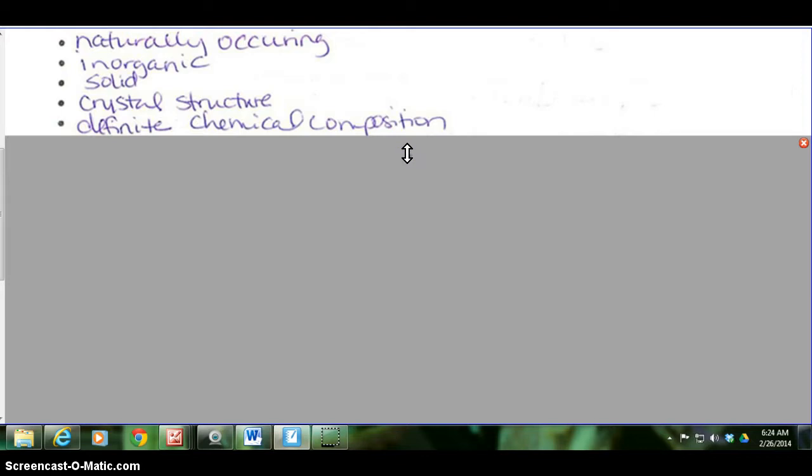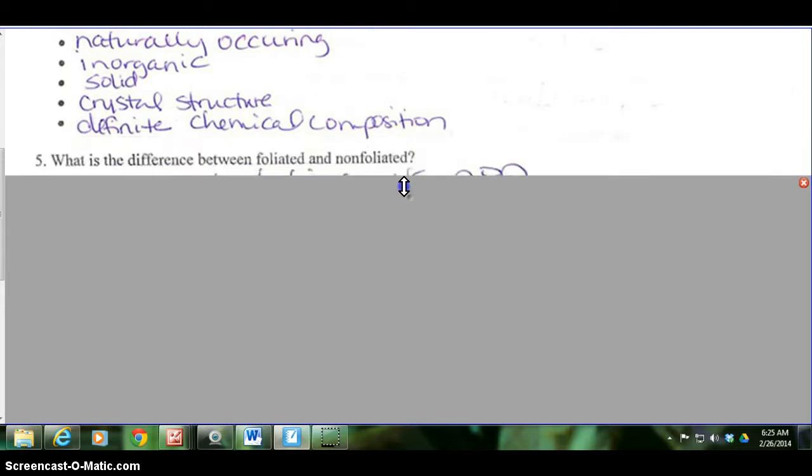And remember, again, those were the 5 things that a mineral must have in order to be classified as a mineral. Don't be confused with the properties that we use to identify what mineral we're looking at. That would have been those like the Mohs hardness test, the streak, color, luster, and so on.